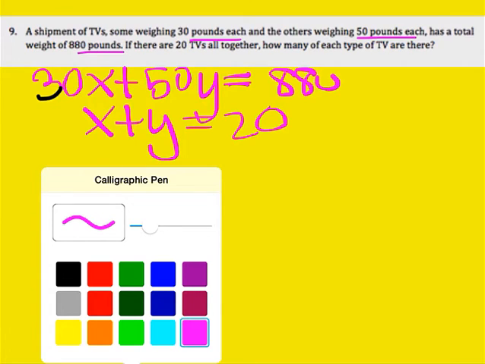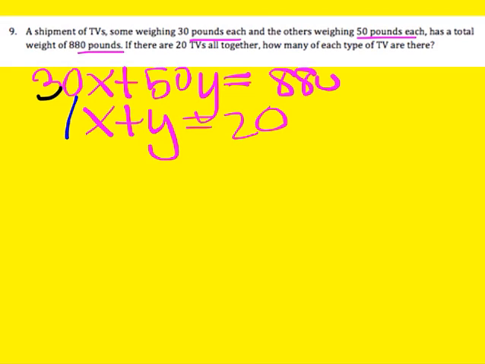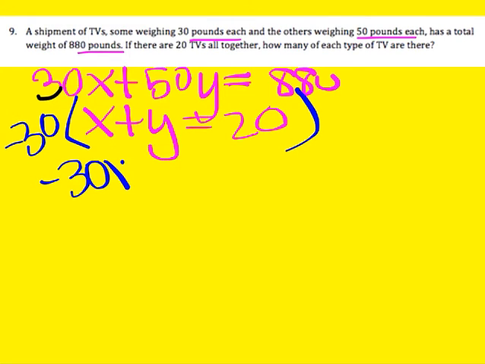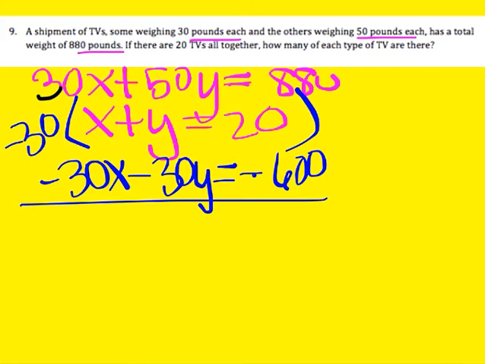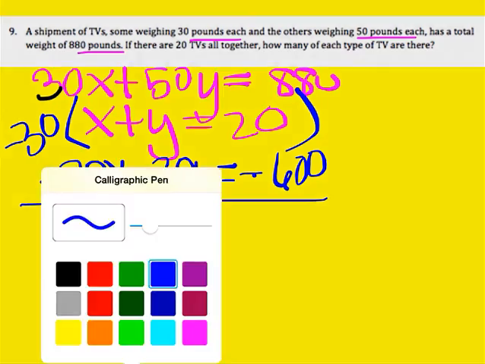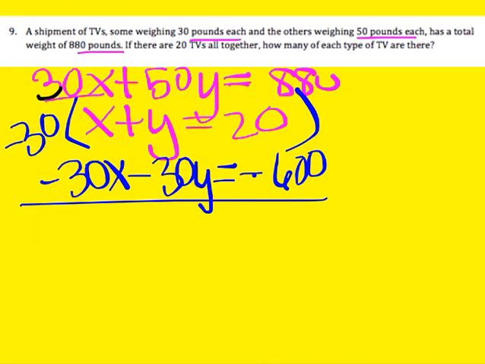So I see that X. So what I'm going to do, since it's just an X, I want it to be the opposite of 30. So since it's a positive 30, I'm going to go ahead and multiply this bottom one by a negative 30. So then I'm going to get negative 30X minus 30Y is equal to a negative 600. So now I can go ahead and simplify this out. So I'm going to add 30X minus 30X.